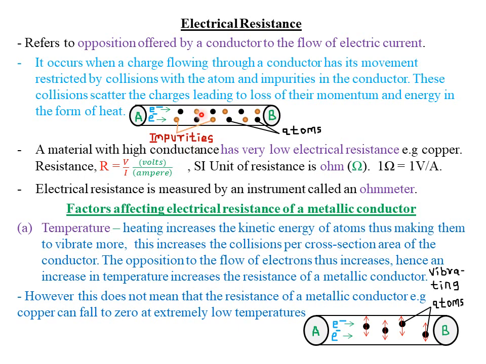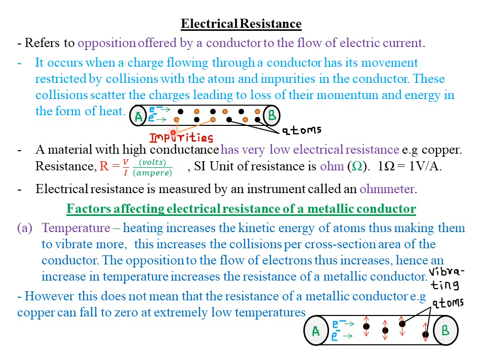So what actually causes electrical resistance is simply the impurities and the atoms within that particular conductor, because they tend to block or oppose the flow of charges from one point to another. Electrical resistance occurs when a charge flowing through a conductor has its movement restricted. So the electrons are restricted from flowing from point A up to point B, therefore they do not carry charge up to point B. That opposition to the flow of electrical current is what we are calling electrical resistance.